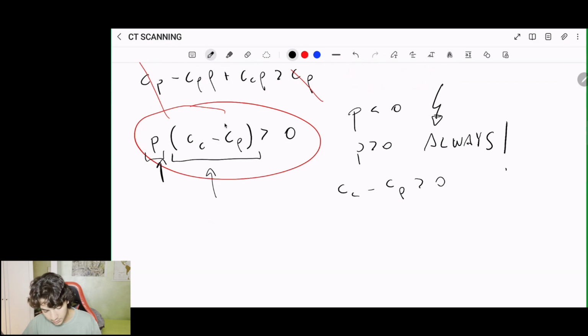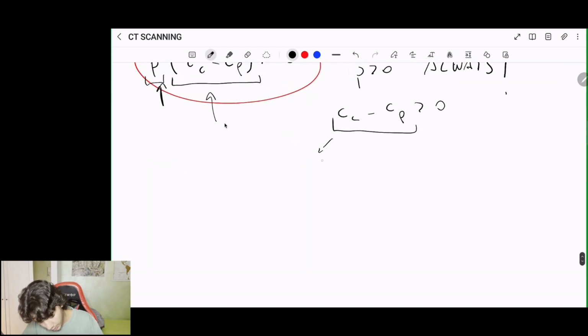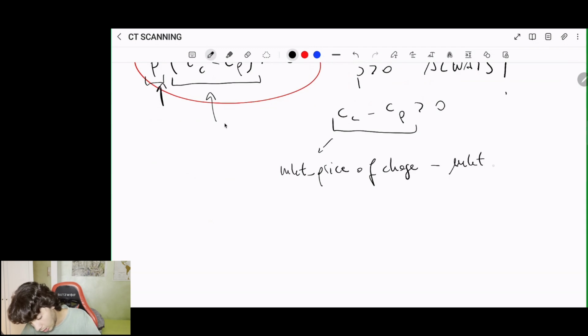And what are these? Let's remember that. CC is the market price of the chase card minus the market price of what? Of the pack. When is that positive?